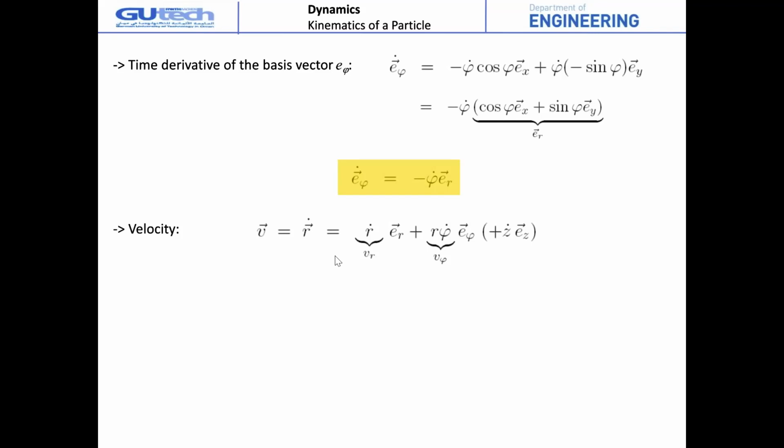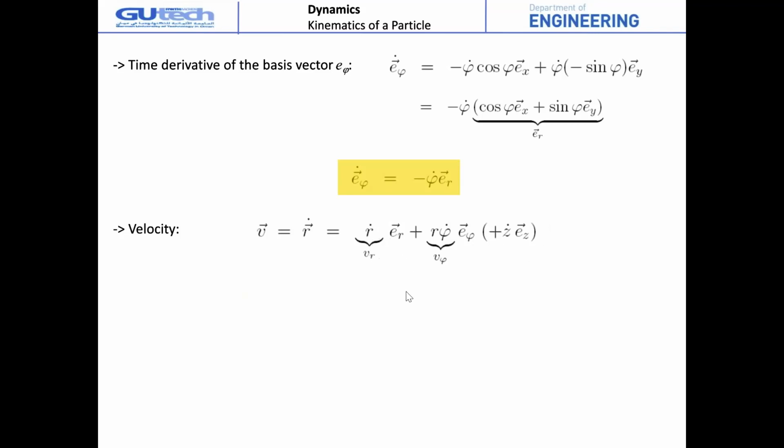If we look now at the velocity, it's the time derivative of r, the vector position. In this case we have the radial component and the circumferential, or circular, component. If we use the cylindrical coordinate system, we have the component in z direction.